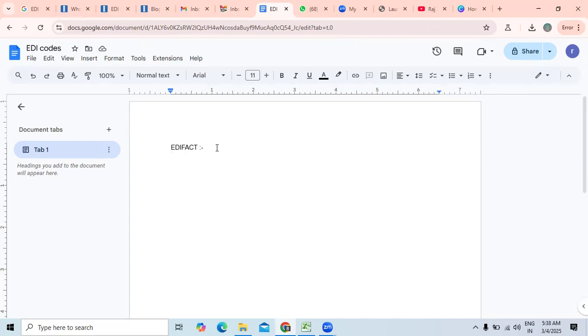So EDIFACT is majorly useful if you want to generate any kind of invoices. Especially, I'm going to discuss today the EDI invoice process flow. This is something which I normally use, right?